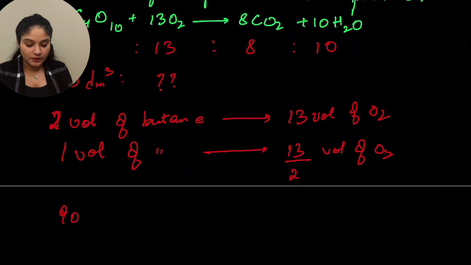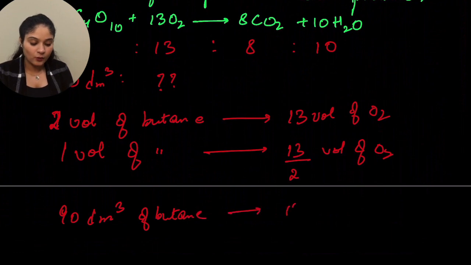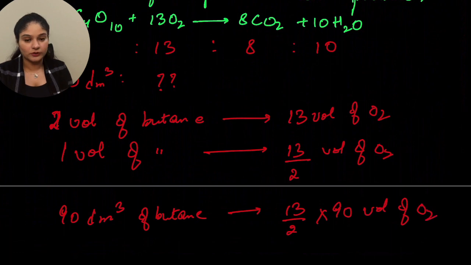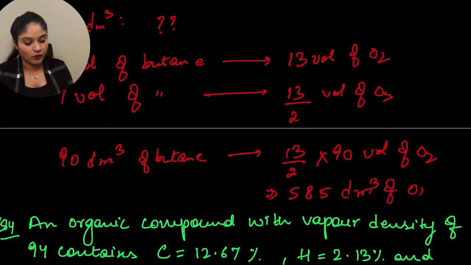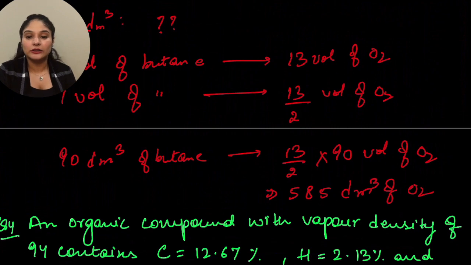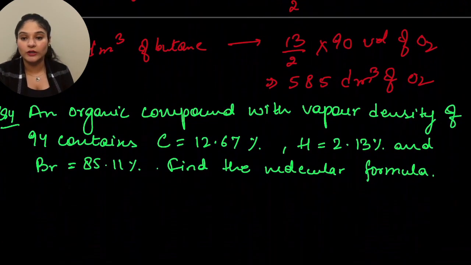So 90 decimeter cube of butane will require 13 by 2 times 90 volumes of oxygen. Okay, if we quickly solve that further, you should end up getting 585 decimeter cubes of oxygen. Okay, now let's move ahead. We are moving on to question number 4.